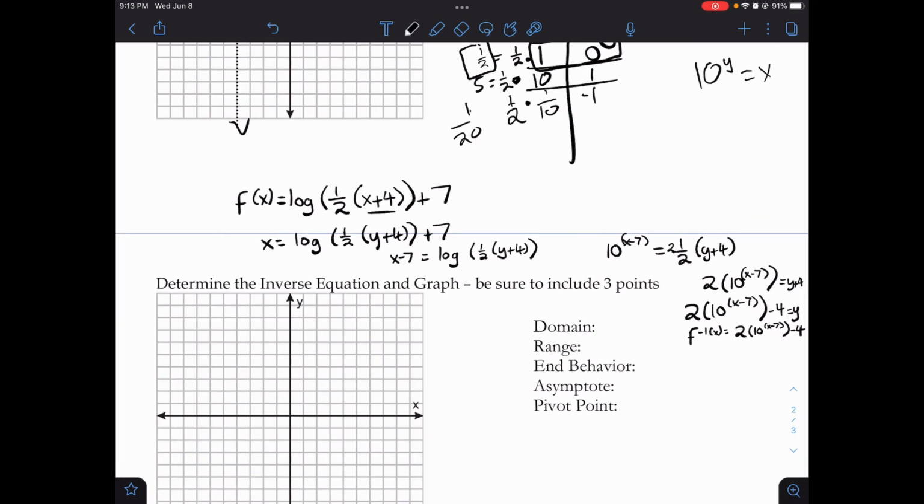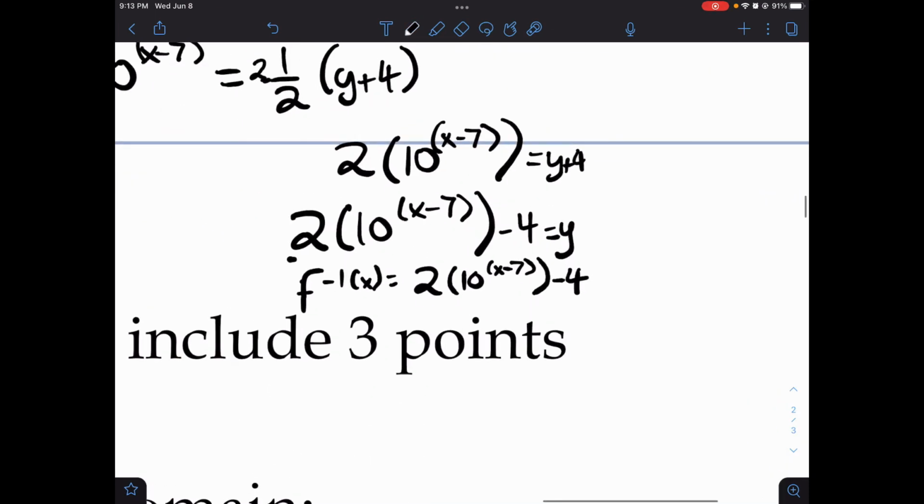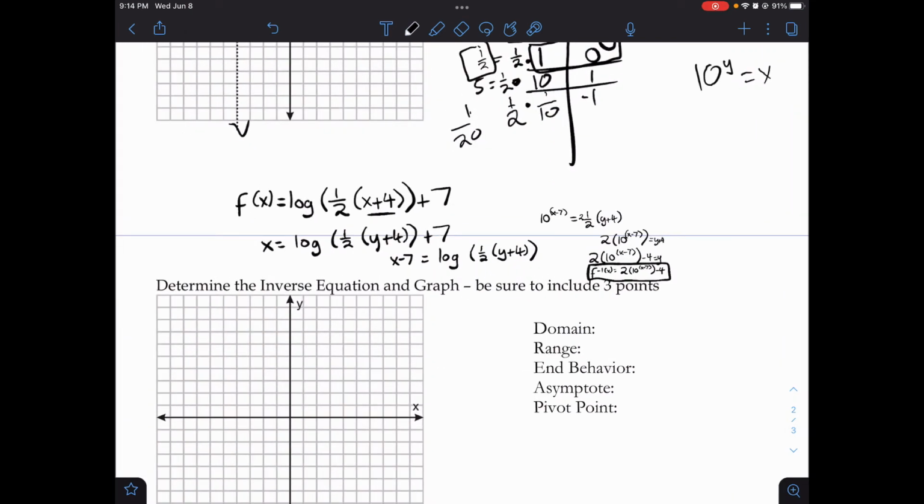We can shrink that, and we have our inverse. Let's circle that right here. And now we have determined the inverse equation, and now we have to graph.